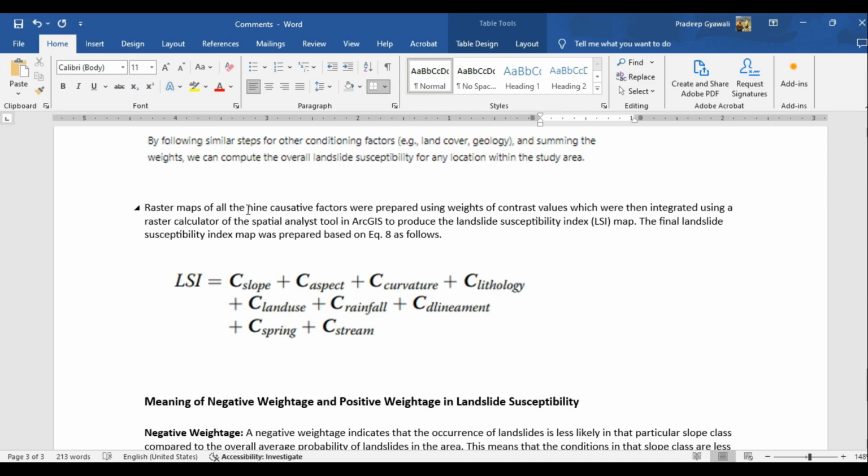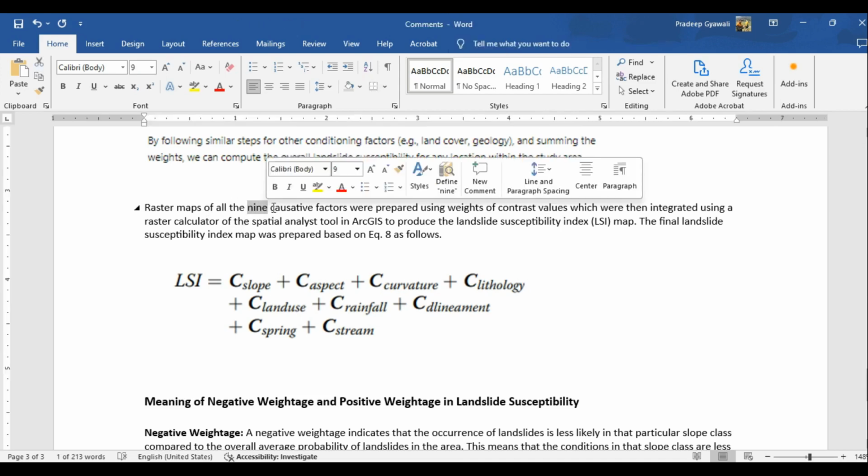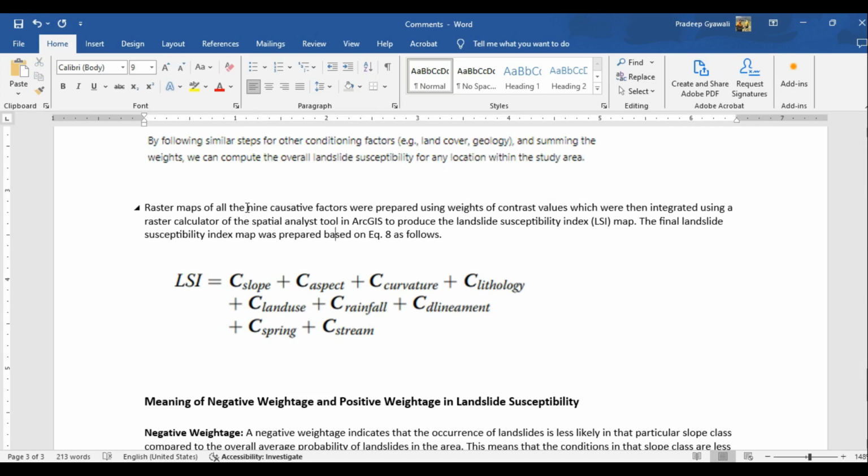So there is a mistake. I only use two causative factors. These factors were prepared using weights of contrast value, which were then integrated using the raster calculator in the spatial analysis tool in ArcGIS to produce the landslide susceptibility index (LSI).